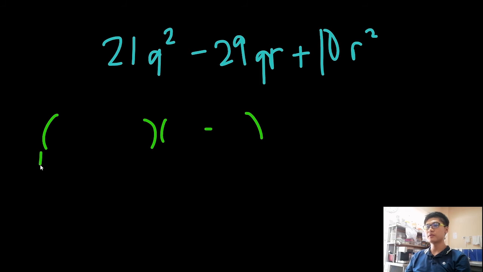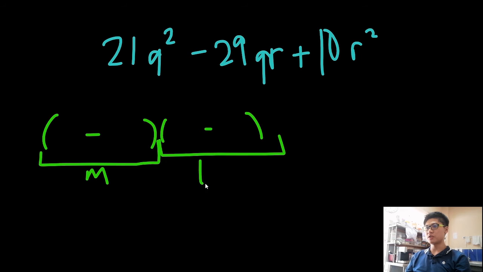So in summary, this first parentheses is for the negative sign in the means, or in the product of the means, and the second parentheses is for the negative sign placed before the product of the extremes.